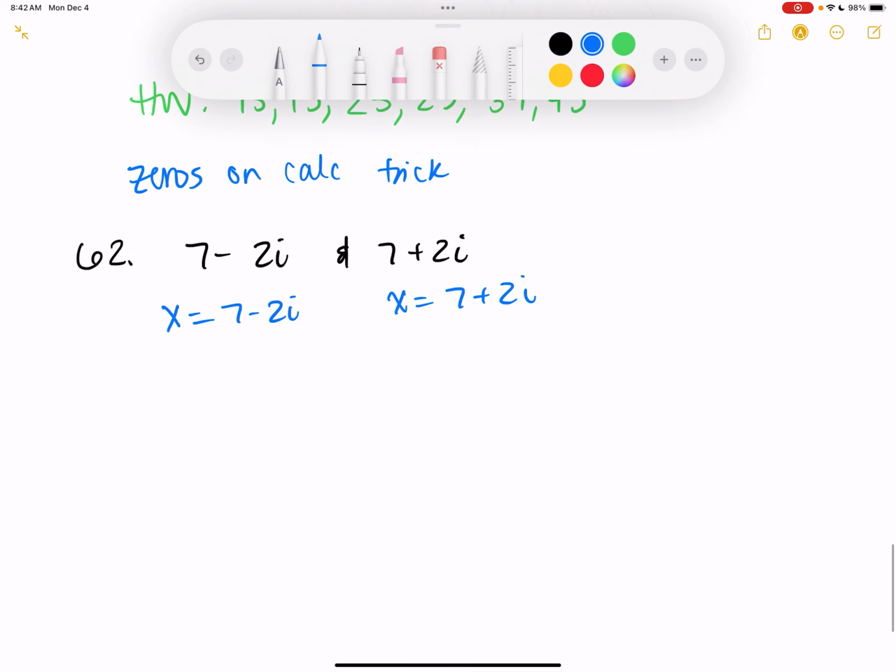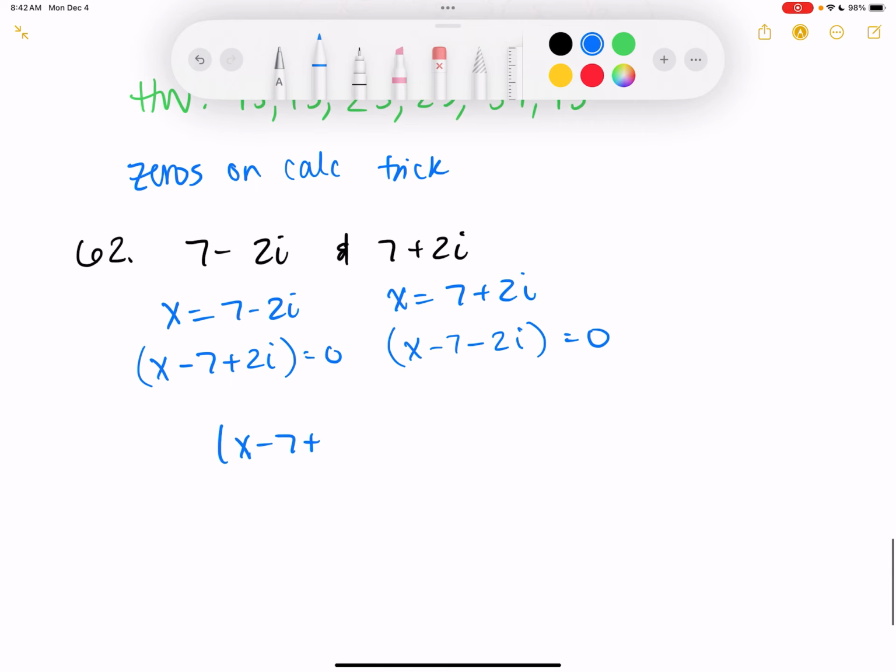So this means x minus 7 plus 2i is going to be one of my factors. And then x minus 7 minus 2i is going to be another factor. And so all I'm doing is taking what's in those two parentheses, and I like to say superfoil because there's extra terms in there. So we have x minus 7 plus 2i times x minus 7 minus 2i.